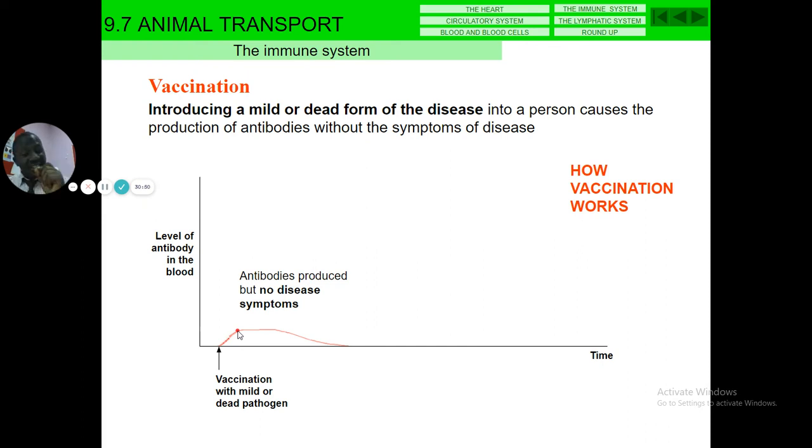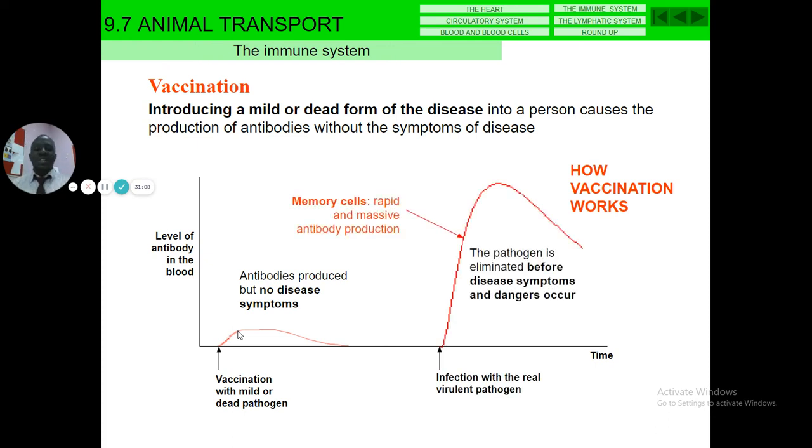We are producing antibodies to fight against that which is already dead, and also producing memory cells that will stay there. If the real one comes, that is the infection with the real virulent pathogen, you see that because of the memory cells that are available, the immune response will be so high.